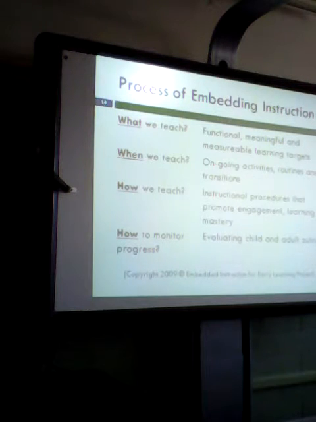That's when we're going to teach our goals and objectives for the children, the students. How we teach: instructional procedures that promote engagement, learning, and mastery, and then how to monitor. We want to be sure that we're evaluating the children and the adult outcomes within this process.